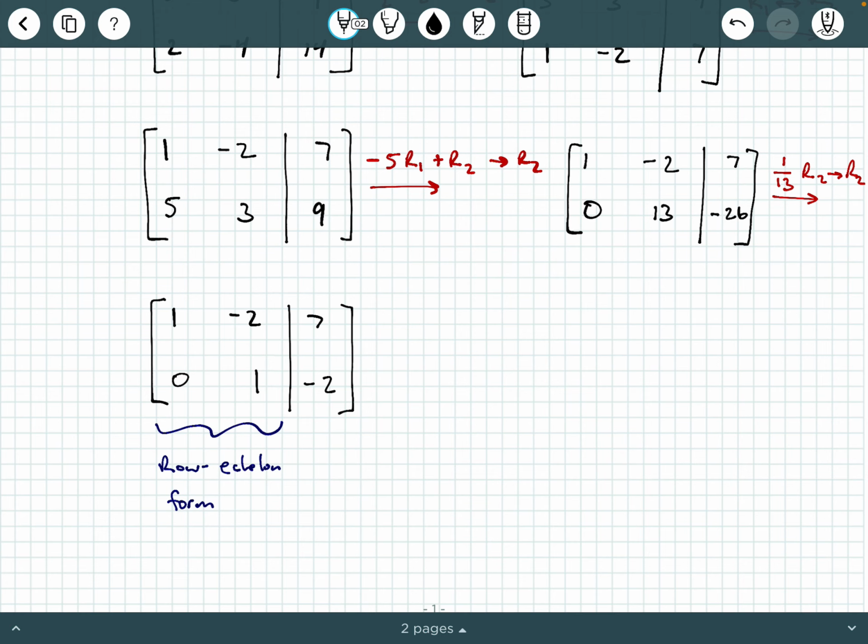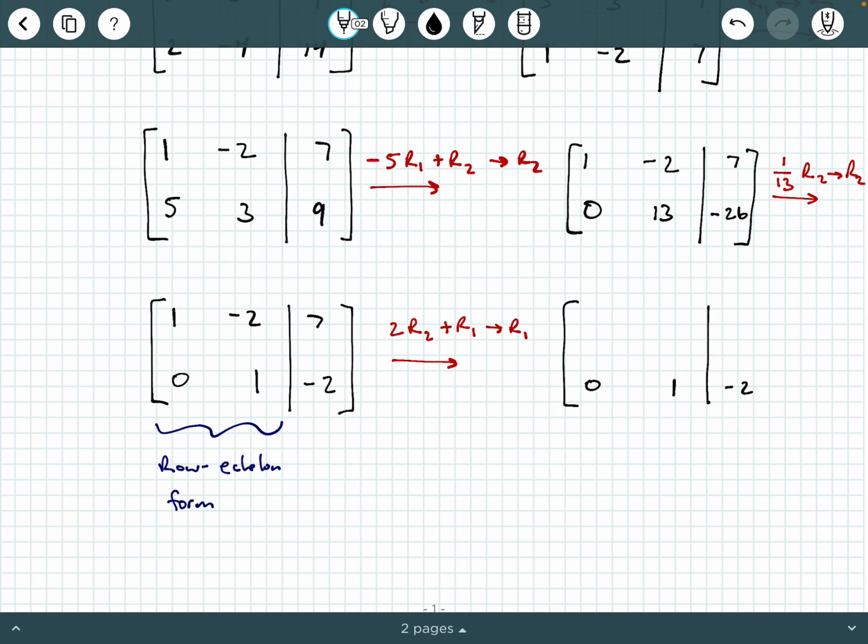All right, what do we do next? Well, we're going to perform another row operation, and we need to create a zero entry right here, okay? So what we're going to do is we're going to say 2 times row 2 plus row 1 to change row 1, okay? And again, we're using row 2 to change something about row 1. So is row 2 going to change at this point? No, row 2 is going to remain the same.